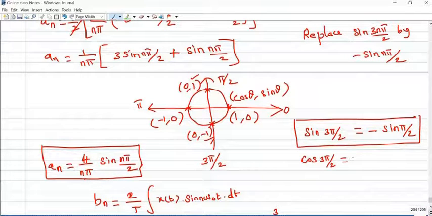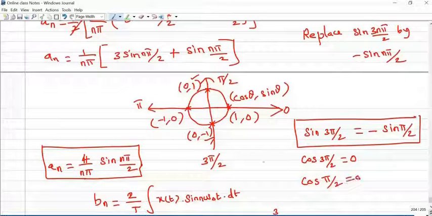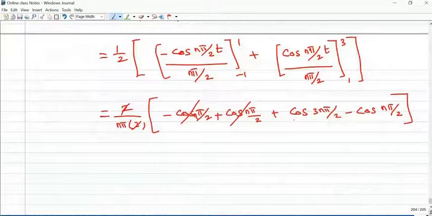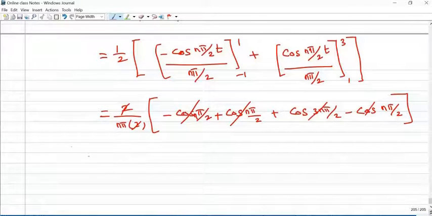So cos 3 pi by 2 value is 0. Okay. Cos pi by 2 value is also 0. So the meaning here is cos 3n pi by 2 or cos n pi by 2 will get the same value, 0. So this term also will be 0. So everything will be cancelled. Bn value is 0.